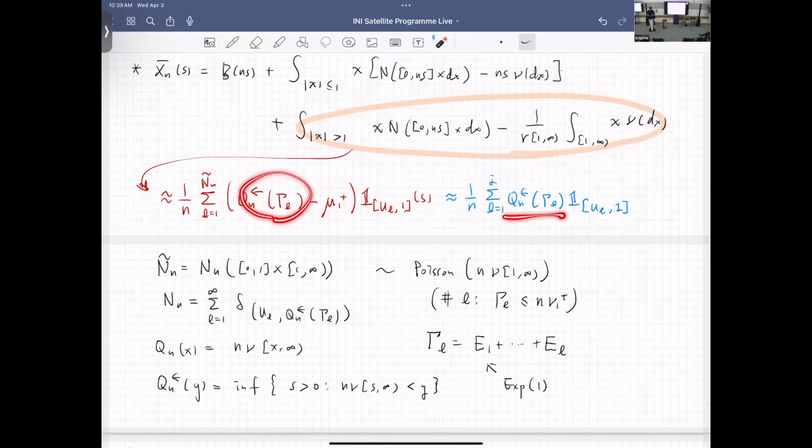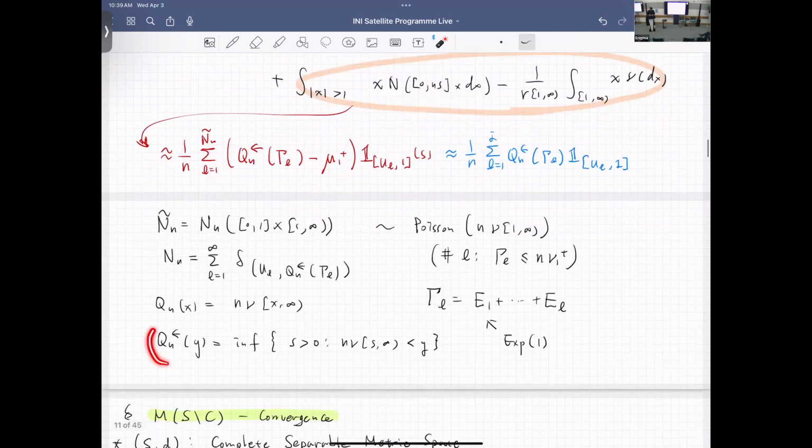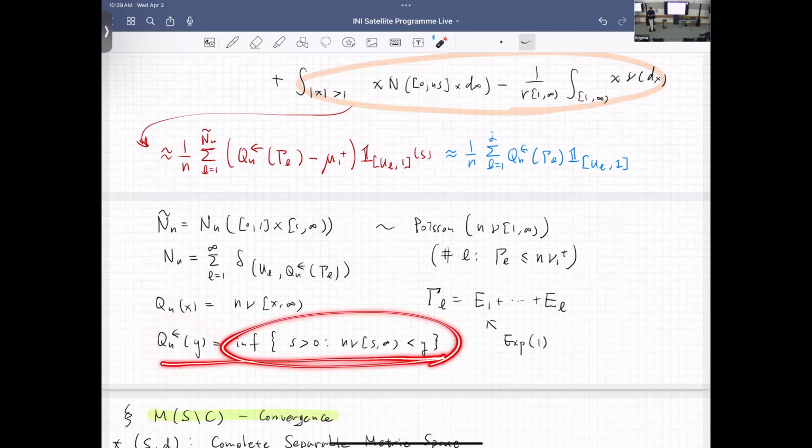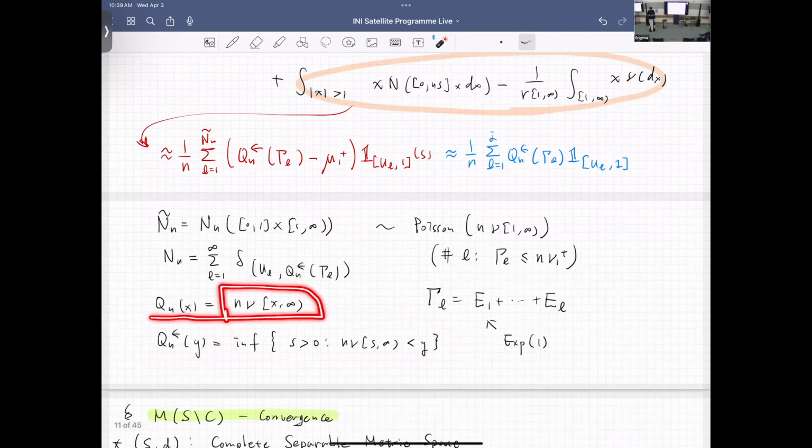What are these? Here, Qn inverse is the pseudo inverse of Qn, where Qn is the tail distribution function of the Levy measure multiplied by n.